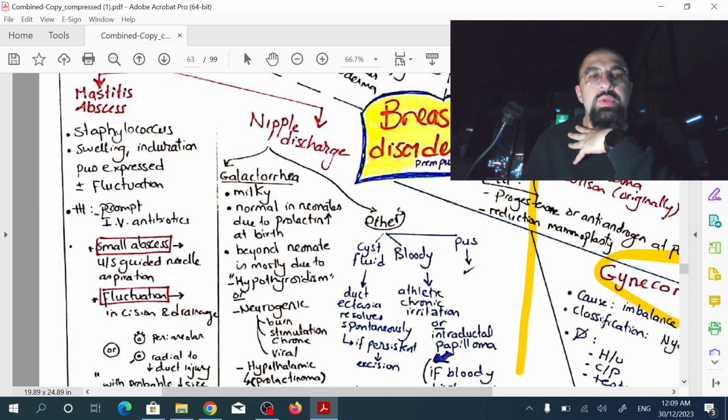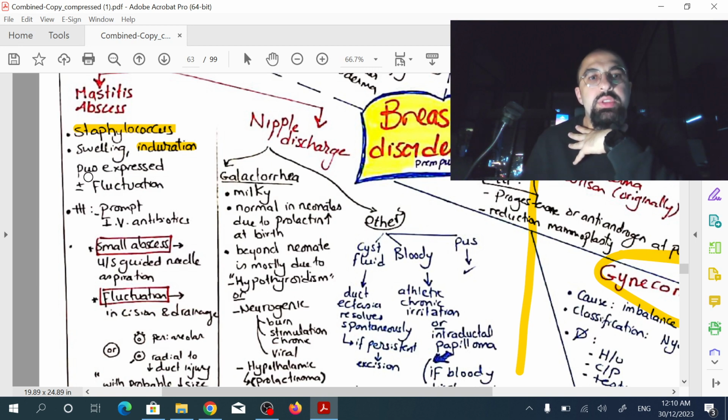But once you introduce Staphylococcus aureus through the nipple ducts by squeezing it, the swelling becomes infected and indurated, and pus can be expressed instead of milk.